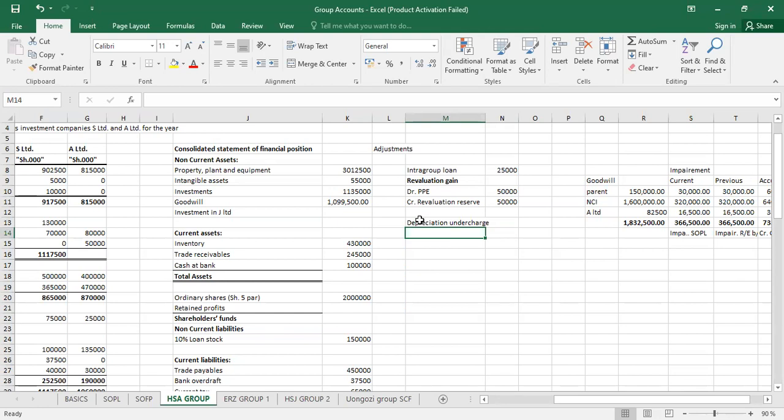So the depreciation undercharge will be, remember, let me put it here under calculations because it has something else to do.